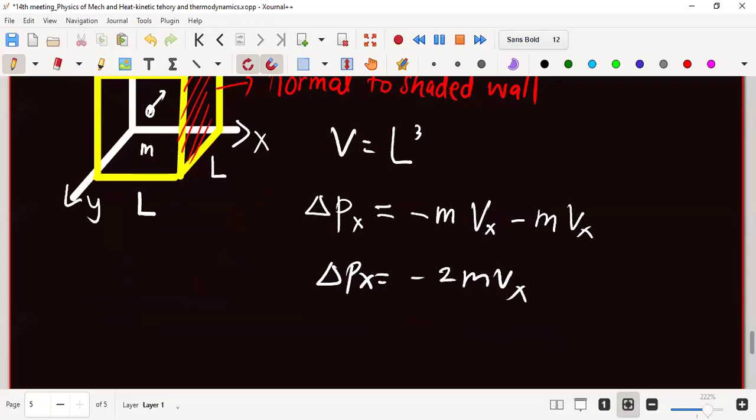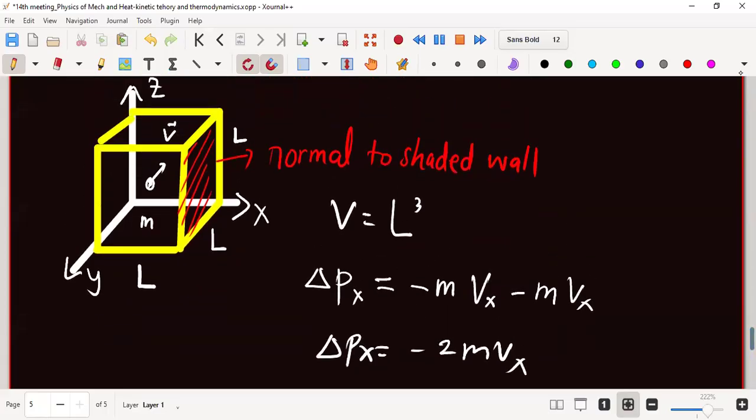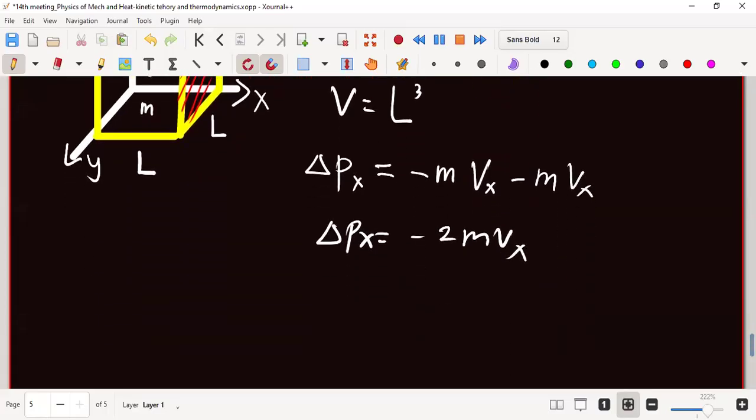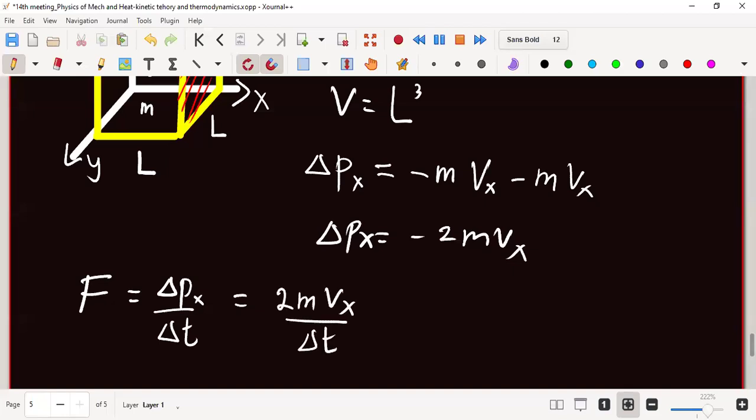And then from Newton's second law, we can calculate the force. Force is delta P divided by delta T. Taking the x-axis first, it is 2m Vx divided by delta T. We can ignore the minus sign, because it is only for the direction of the momentum.